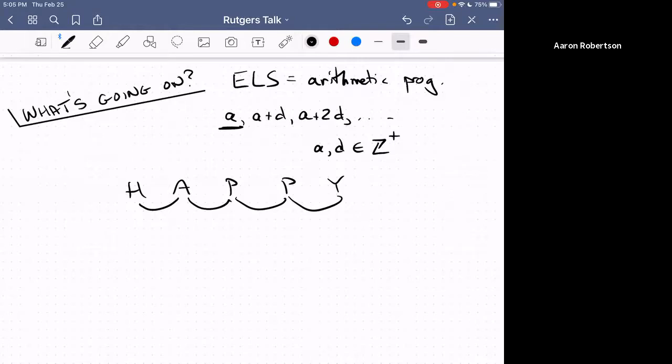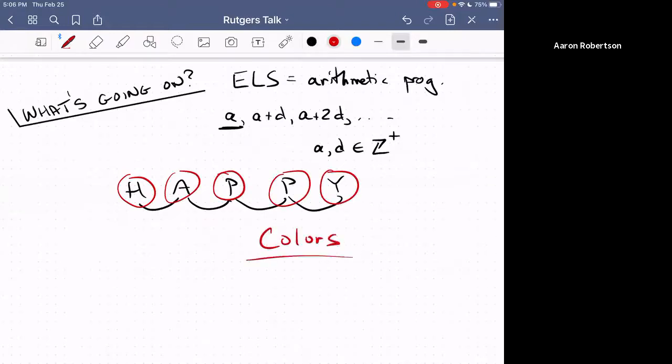Now, since I work in Ramsey theory, typically we think of things in terms of either set partitions or equivalently in colors. And so these letters you can think of as colors. If you're looking in the English language, there are 26 colors.